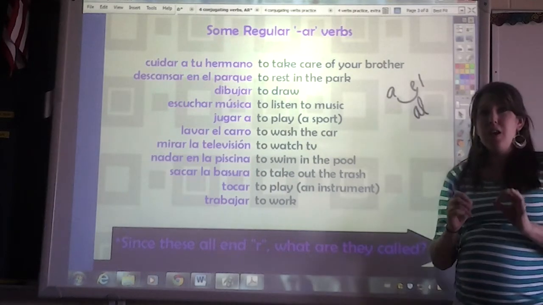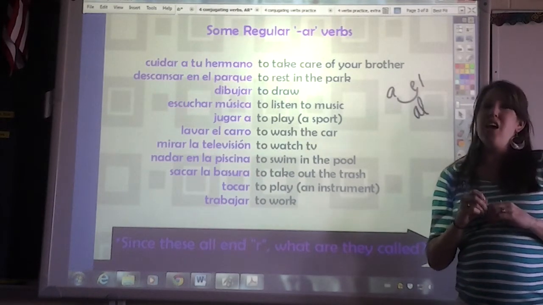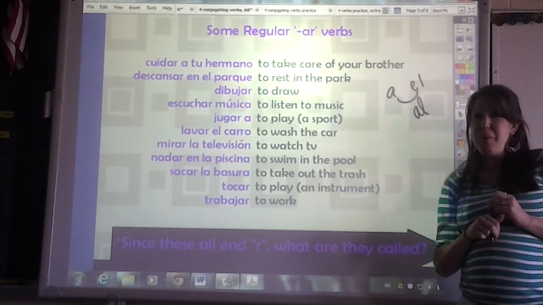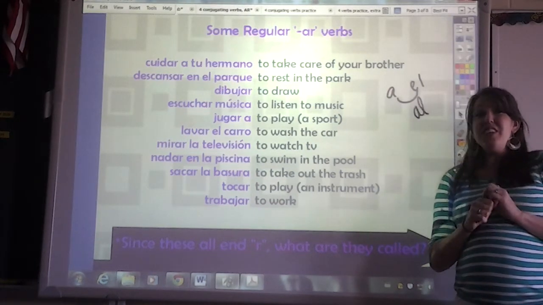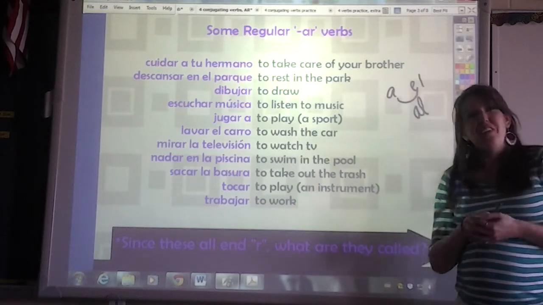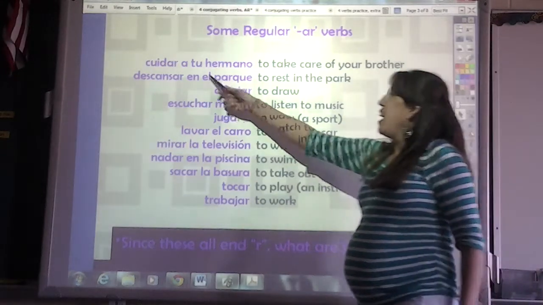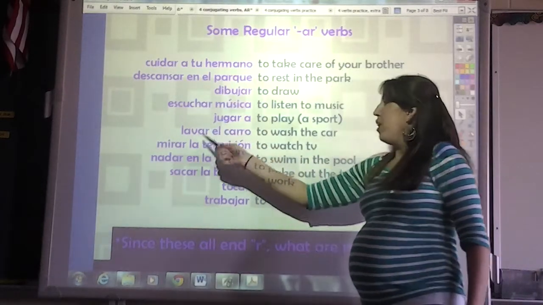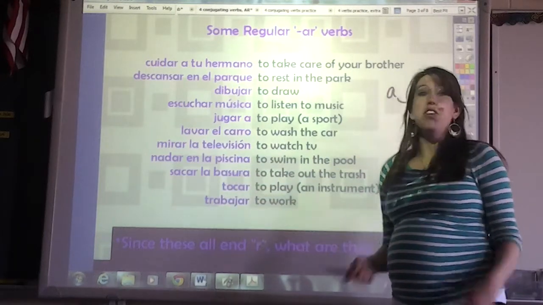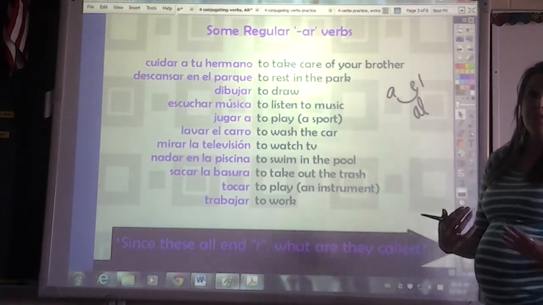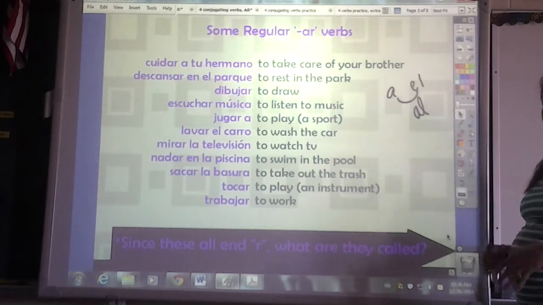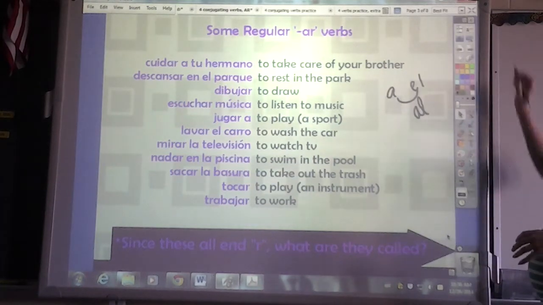There's a specific name for verbs that end in AR, ER, or IR. Anybody? Infinitivo! See, an infinitive, all right? When it ends in AR, ER, or IR, that's called the infinitive form. Hasn't been conjugated, still ends in R. Infinitive. Excellent.